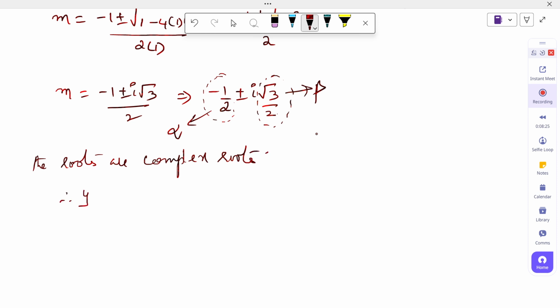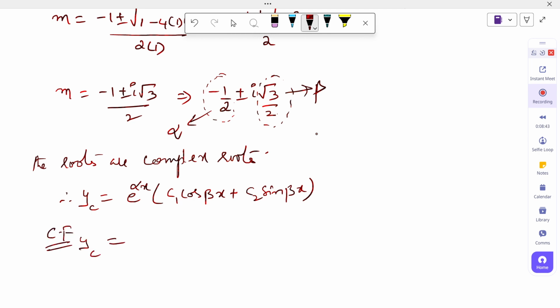Therefore, the complementary function y suffix c is equal to e to the power of alpha x of c1 cos beta x plus c2 sin beta x. Y suffix c is the complementary function. Y suffix c is equal to e to the power of, where alpha value is 1 by 2, into x, c1 cos beta value, which is root 3 by 2, into x, plus c2 sin root 3 by 2 into x.